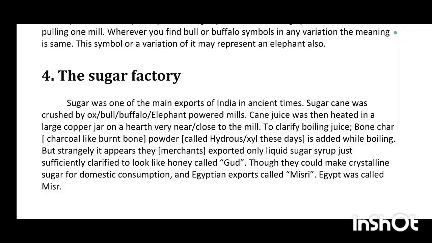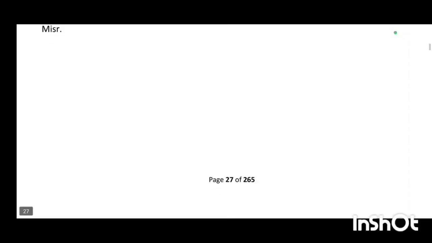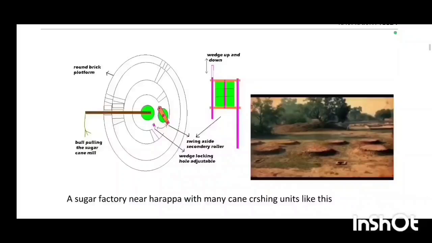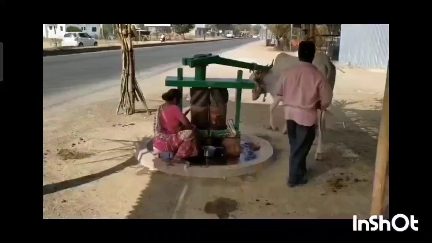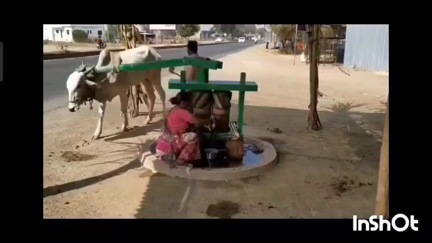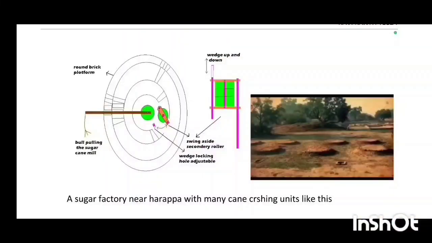Sugar production was a major activity at Harappa and Rakhigarhi. In excavations they found circular brick platforms and cavities and charred bones, and see this platform, circular, and extraction of sugarcane juice through wooden rollers.